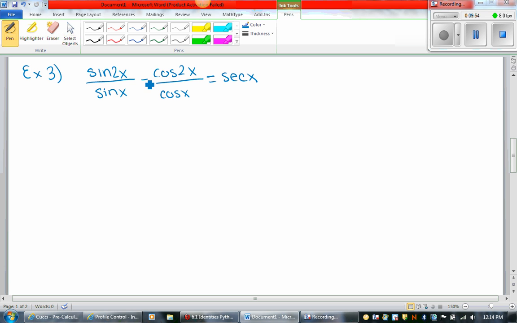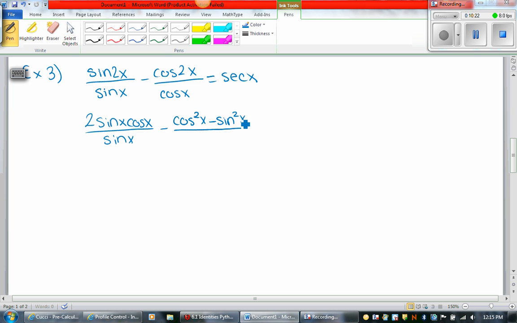So sine 2x is a simple one because I only have one option for that: 2 sine x cosine x over sine x. Minus, and cosine 2x, I have 3 options for. I think I'm going to use cosine squared x minus sine squared x.